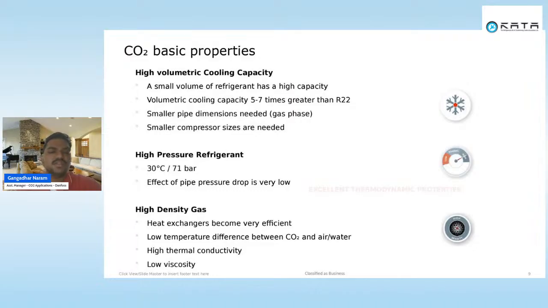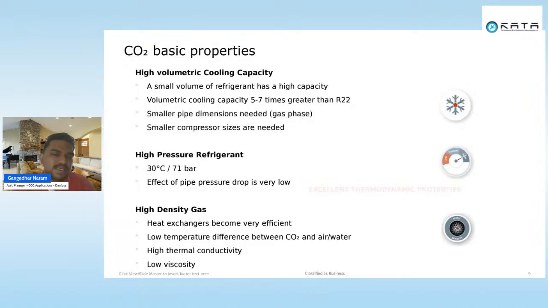Because of that high density gas, your heat exchangers become very efficient. Because of the density value, the overall heat transfer coefficient of CO2 is very high. And apart from the high density, the high thermal conductivity and low viscosity are all added thermodynamically superior properties of CO2, which make your heat exchangers very efficient, and you can achieve a low delta between water to CO2 or air to CO2.